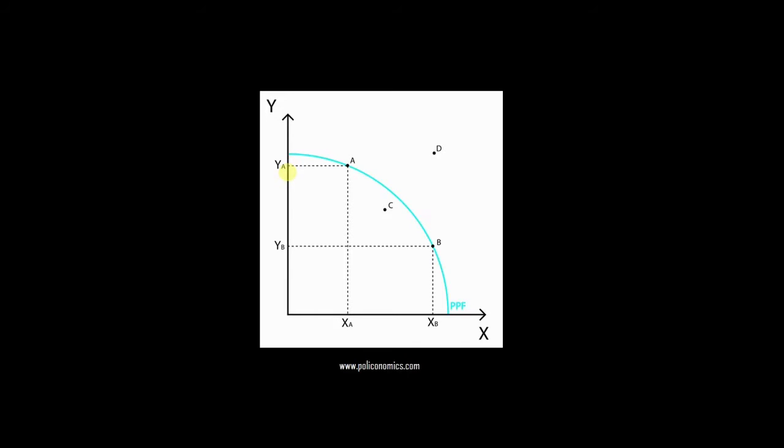And this graph shows us how much of one item we could produce and how much of the other item we could produce.